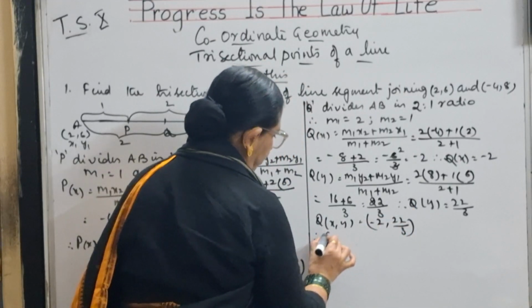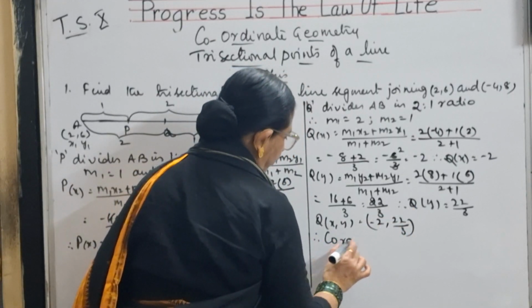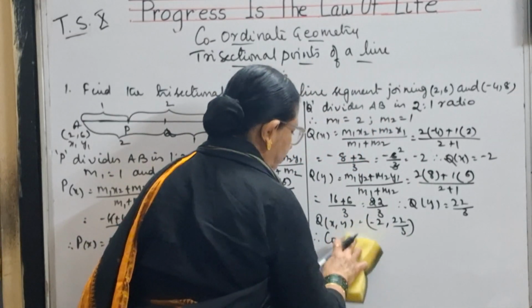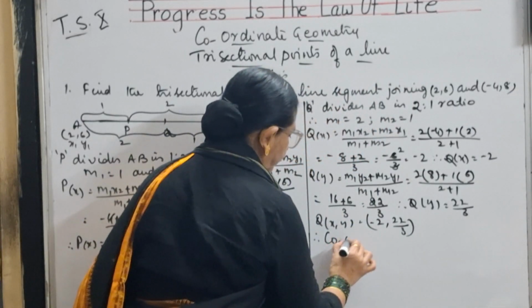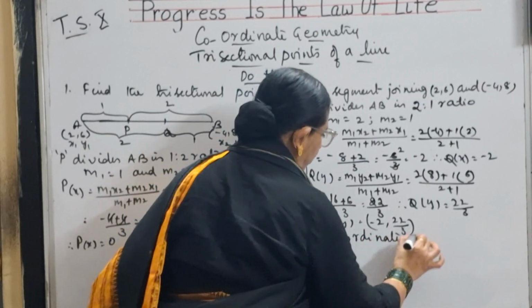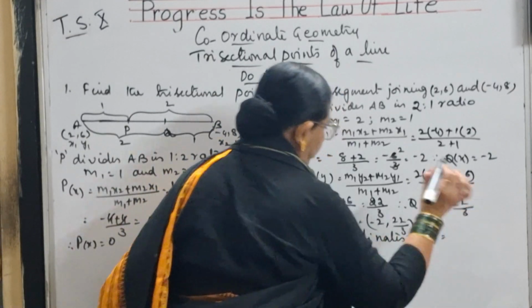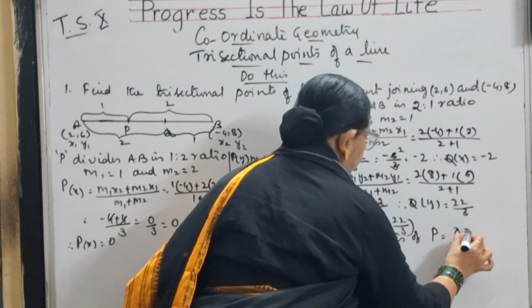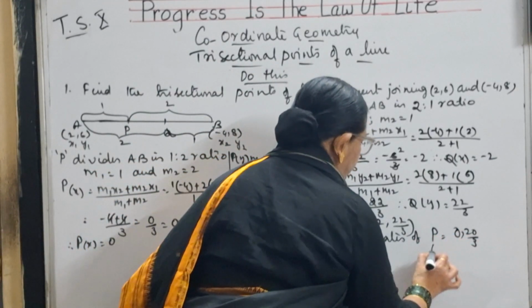So the answer: coordinates of P is equal to, how much we have got? 0 comma 20 by 3.